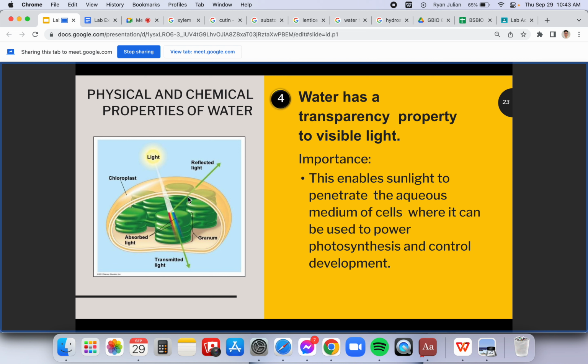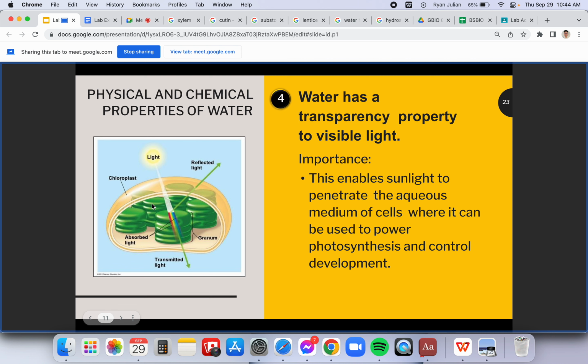In this image that you are seeing right now, you can see the cell wall of a plant wherein a chloroplast is contained inside it. Like what I mentioned from our previous discussion, photosynthesis occurs in the chloroplast, which is the stacked up structure that you are seeing right now, or let's say the organelle.